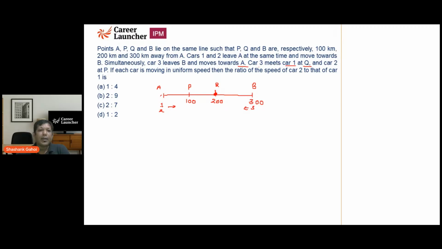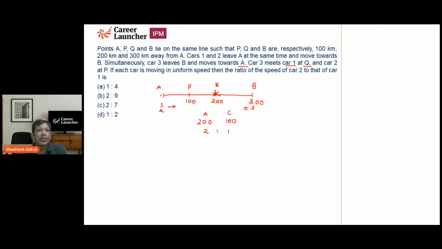Car 1 meets car 3 at this point. So in that time, how much distance is traveled by car 1? 200. In the same time, how much distance is traveled by car 3? That is 100. So what is the ratio of speed of 1 to 3? That is 2:1. Right?